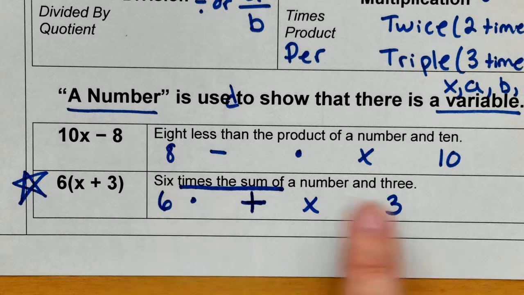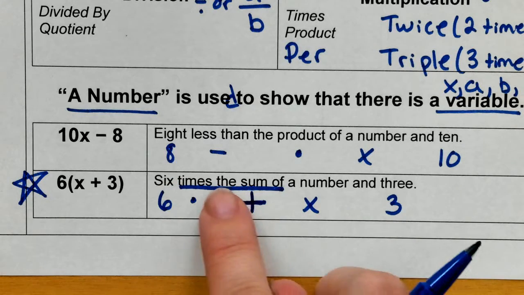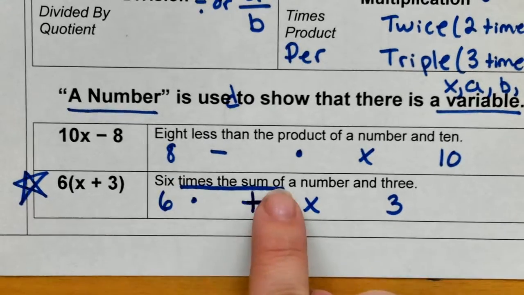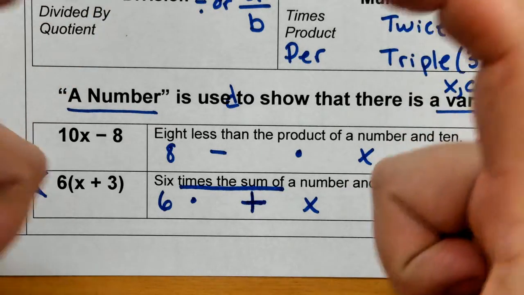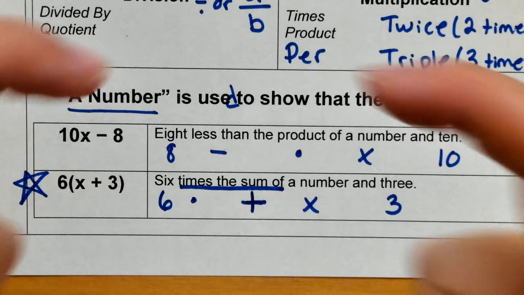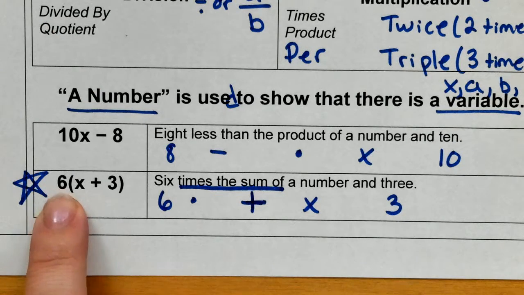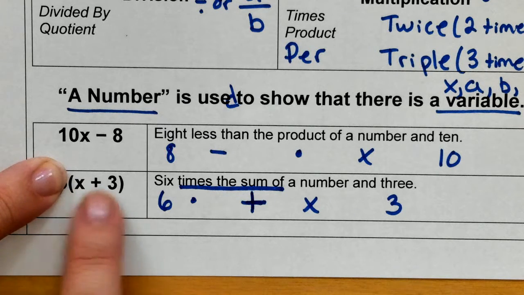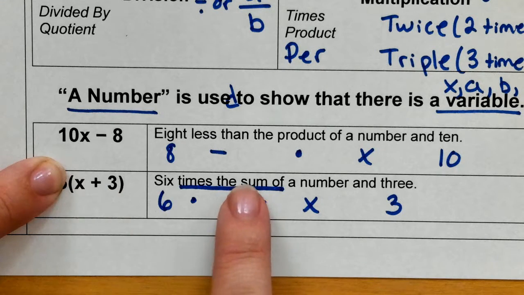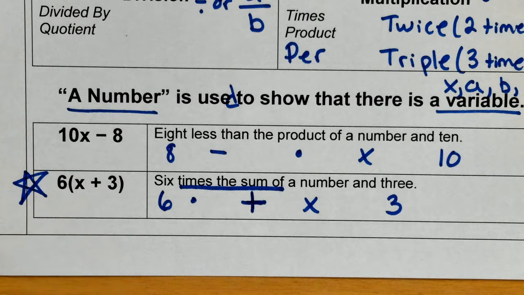We're not doing 6 times 3. We're doing 6 times the sum of. The sum of means that we need to put parentheses around that sum, and that's what's getting multiplied by 6. So like in the order of operations where we would have grouping, this is our math first, we need to know what the sum is before we can multiply by 6.